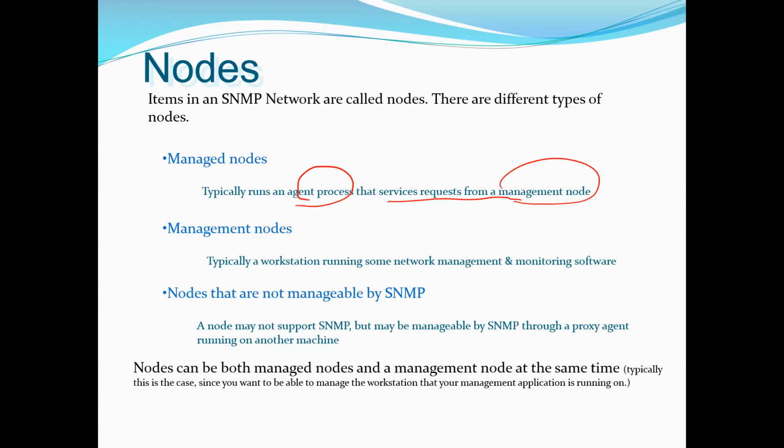The management nodes are the ones that request the data and then display it. So typically a workstation running some network management and monitoring software, like Cacti, for instance, for a lab, will run on the management node, right? The managed nodes do not need to have the display.